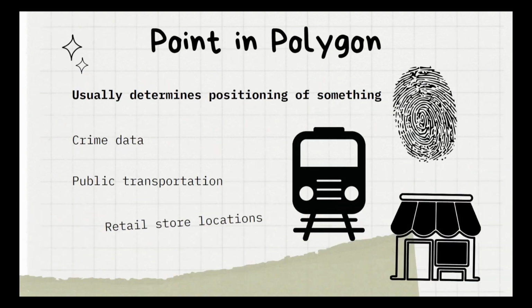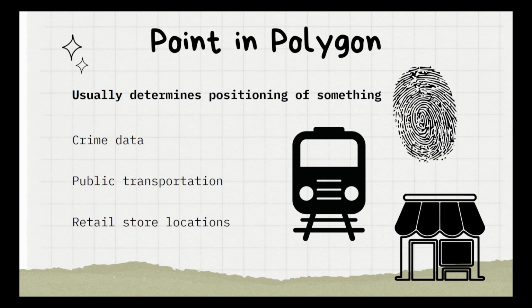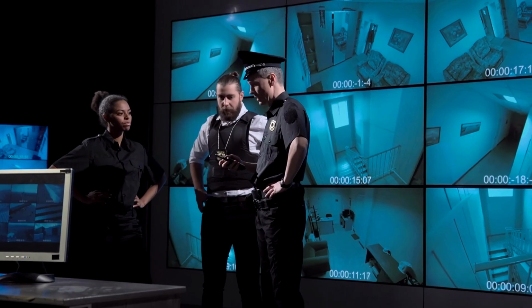Hi Prof. Uznair, it's me Akasha. Now I'm going to continue with point in polygon and line in area. Point in polygon analysis is a spatial technique that helps us understand how specific points, such as crime incidents, are distributed. Let's start with an example involving crime data.